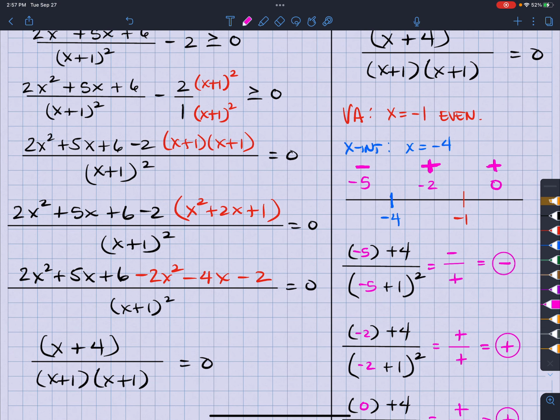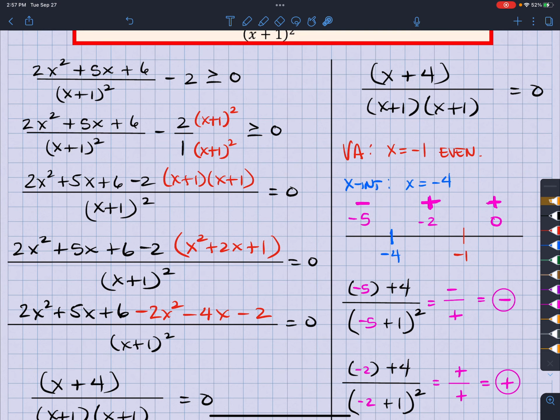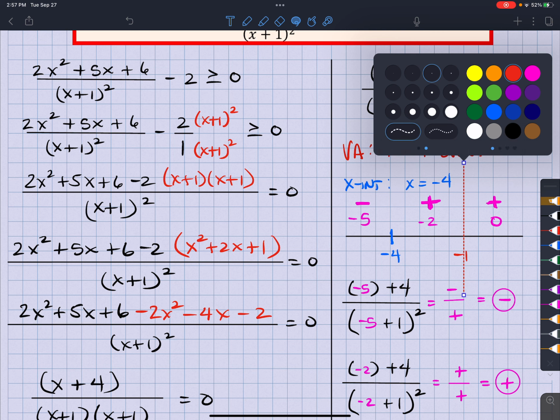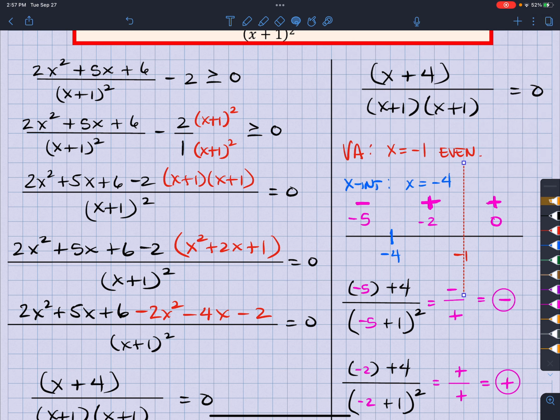Now, remember how I said it was even at x? That's even, so chances are, this is going to be a vertical asymptote, right? Something that you guys might want to think about doing is making this a dotted line just to remind you that that is a vertical asymptote.